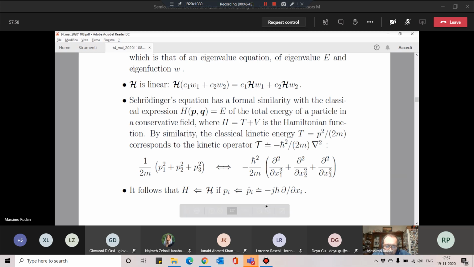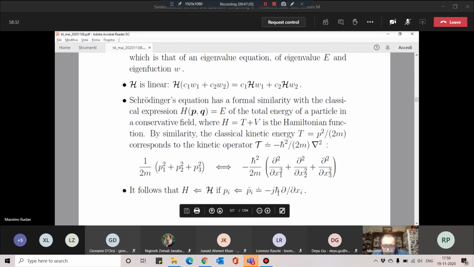Why? Because you need the square in order to form the kinetic energy. If you take the square of p_i and you think of the operator instead, the square of an operator is like applying the operator 2 times, one after the other. So if you apply the operator 2 times, you have the derivative 2 times, that is the second derivative with respect to x_i squared.